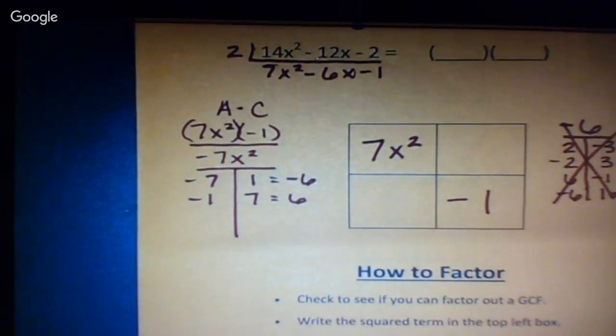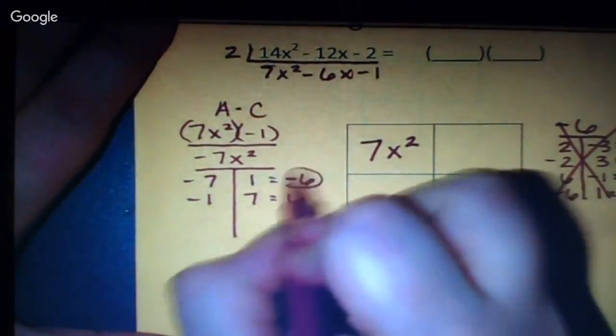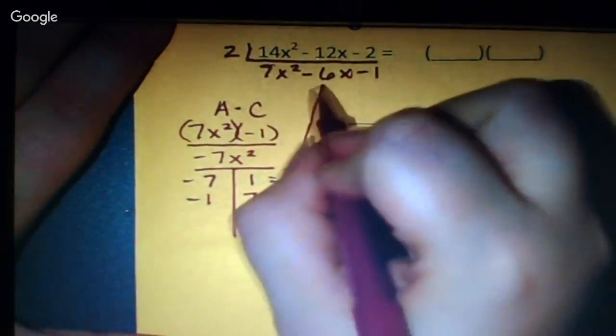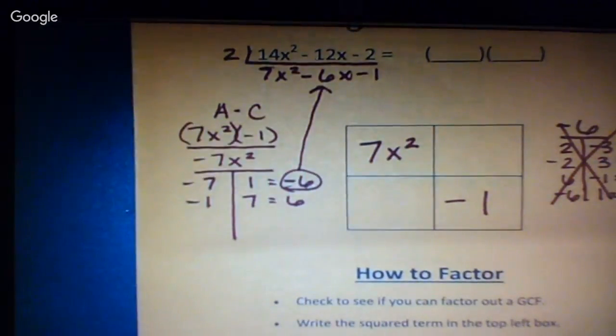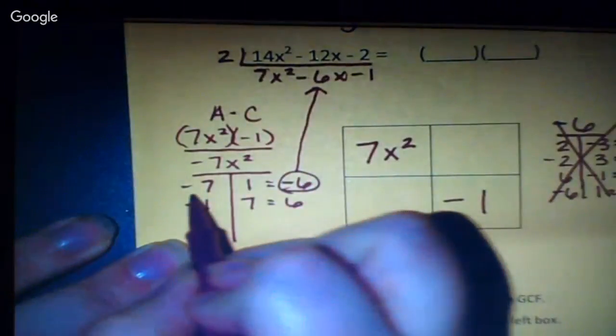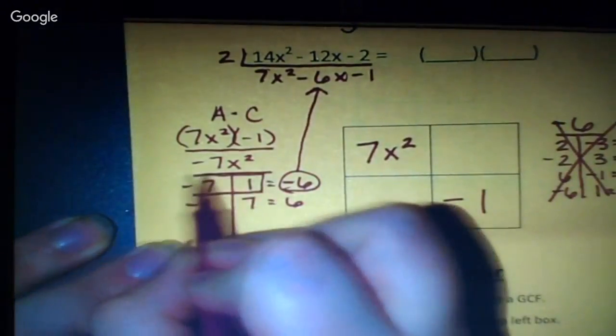This answer needs to match my B term. Which one of these answers matches my B term? -6. Okay, this has to match this. So that means that these two numbers right here are my factors.